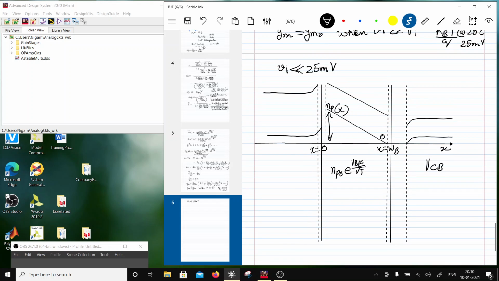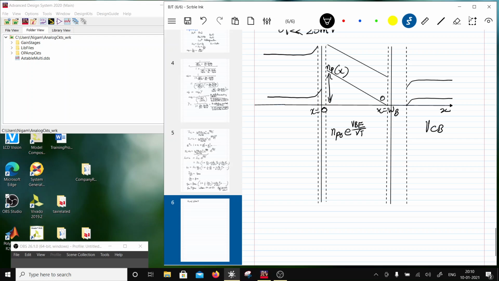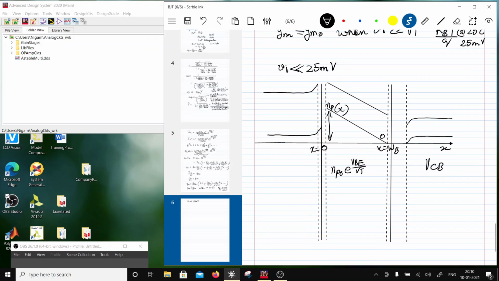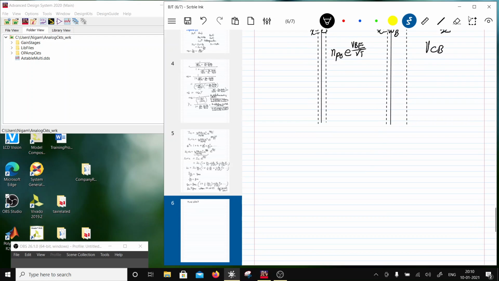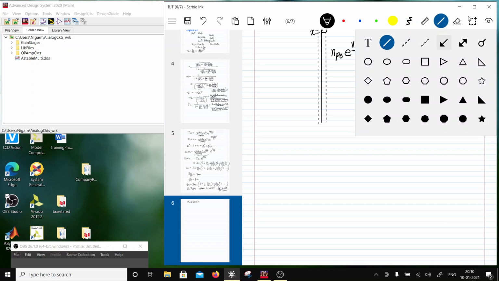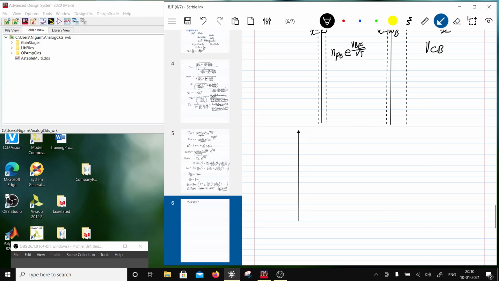Now what happens is, let's say we have given a VBE, so let's try to plot the characteristics. Let's say I have this axis where I'm going to plot the current, IC, and this axis where I'm going to plot VCE for a given VBE.